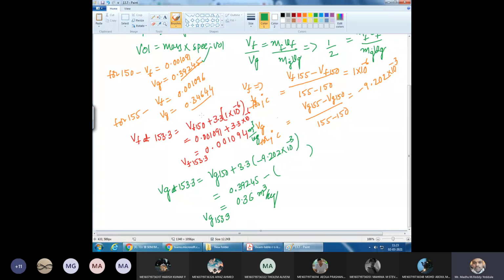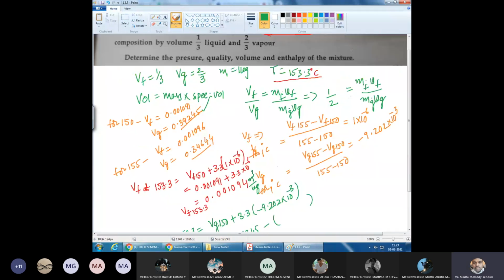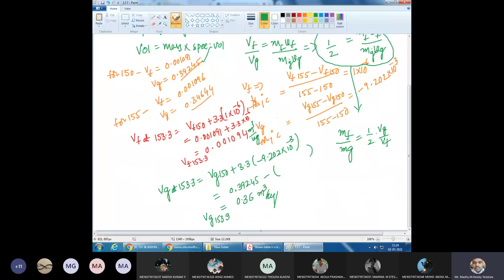I got VF and VG at this particular temperature. So now substitute this VF and VG over here. Now tell me the ratio of MF to mg, mass of fluid to mass of gas, because I can calculate the dryness fraction if I know MF by mg. It is 1/2 into Vg by Vf if you cross multiply.